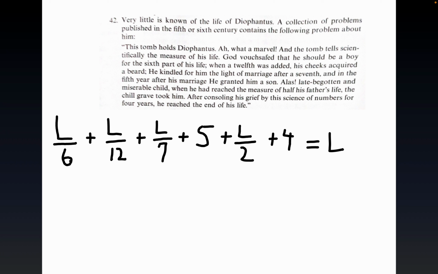So if you multiply this by 84, what is 84 divided by 6? Does it even divide nicely? It should, because 84 divided by 6 is 42 divided by 3. It's 14, right? So this will be 14L.